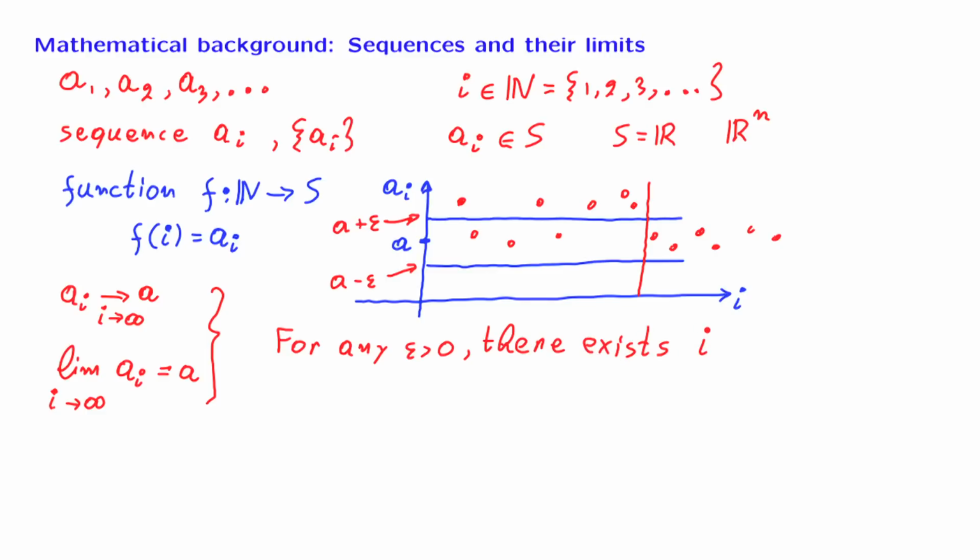let's call that time i_0. So i_0 is here, such that after that time, what we have is that the element of the sequence is within epsilon of a.